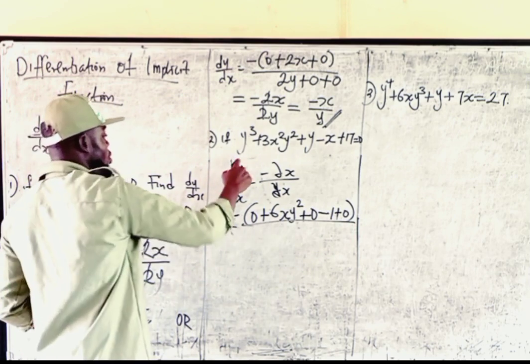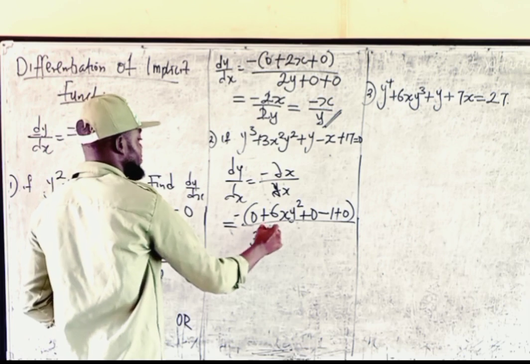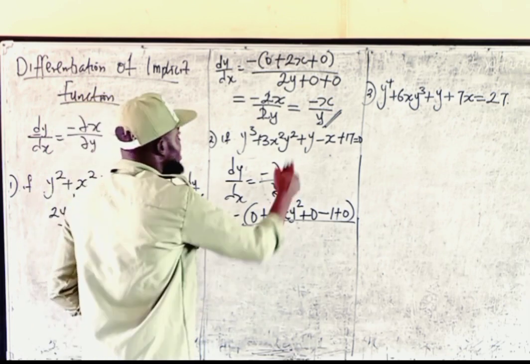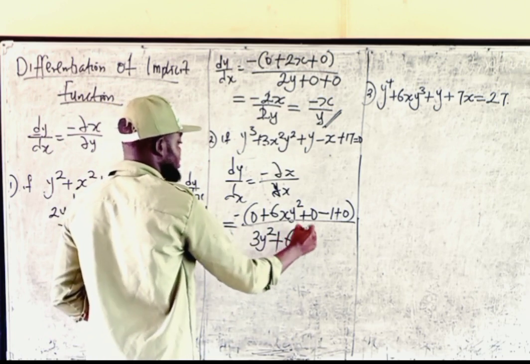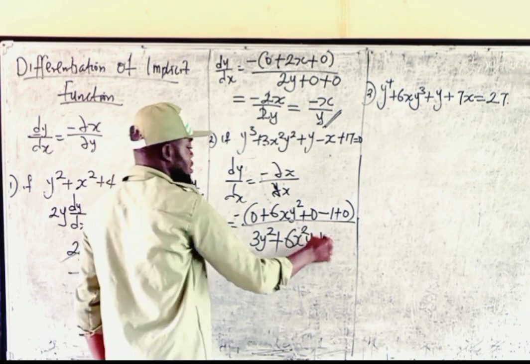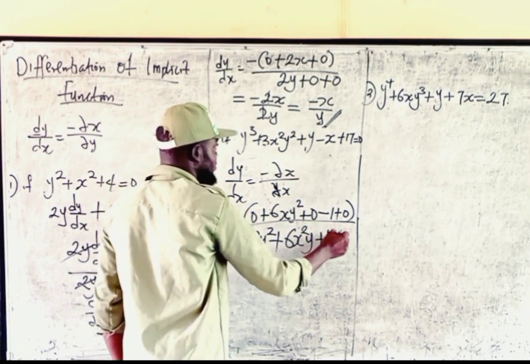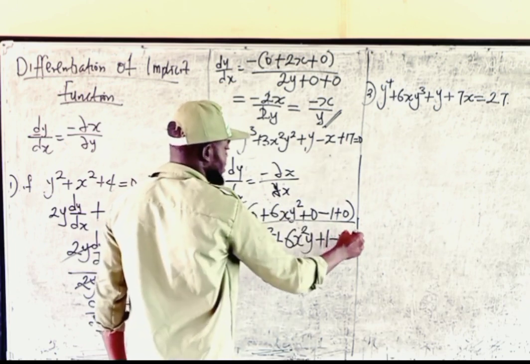Over, for y now, differentiating y to the power 3, that's 3y squared from the polynomial function, plus differentiating x squared y squared, that will be 2 times 3, that is 6, x squared y to the power 2 minus 1, that is 1, then plus differentiating y, now that is 1, minus differentiating x, there is no y there, that is 0, differentiating 17, that is 0.